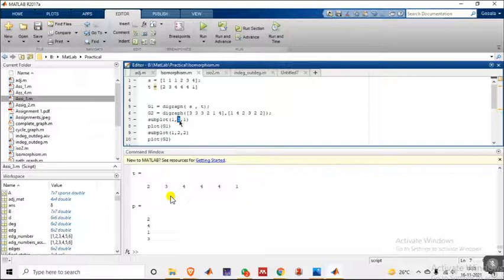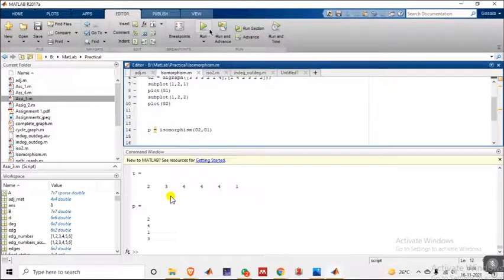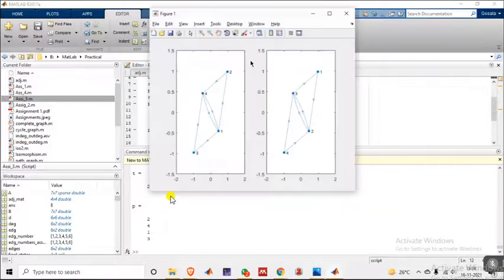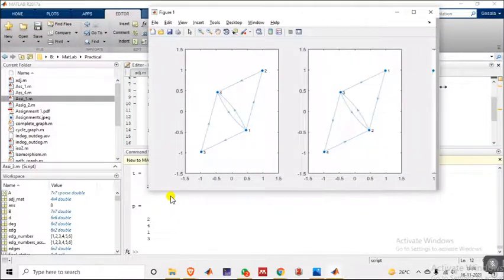The third parameter in this subplot says which part is being used, and this one comes after graph 2, right? So graph 2 is plotted in the first half and graph 1 similarly in the second half. Once you see the output, you can observe what is happening. So this is the output of those things.